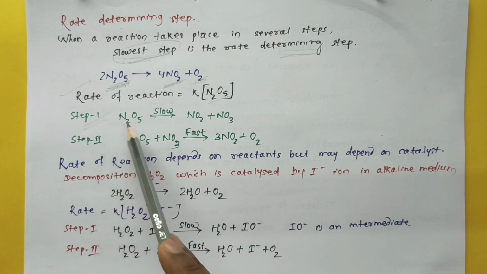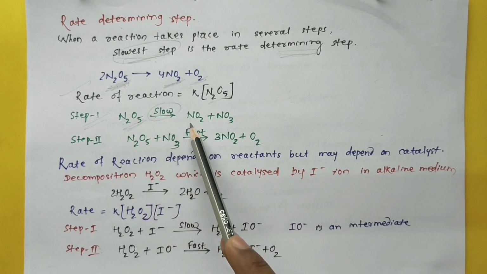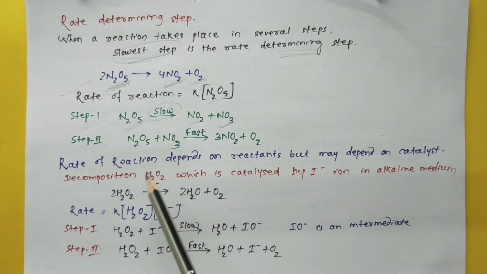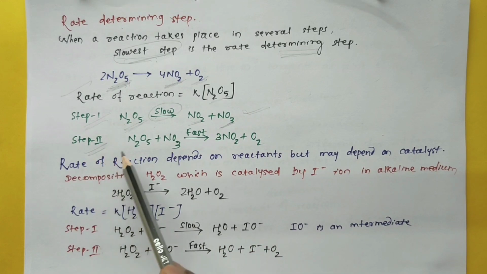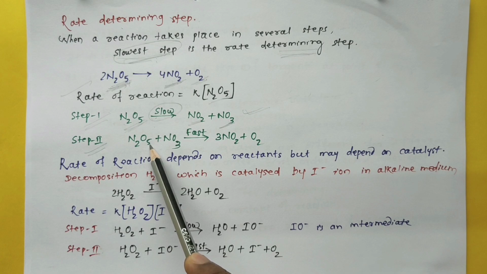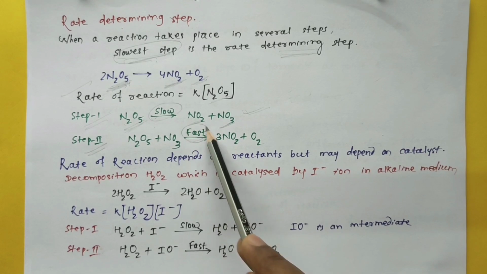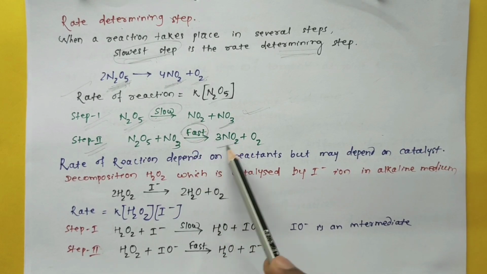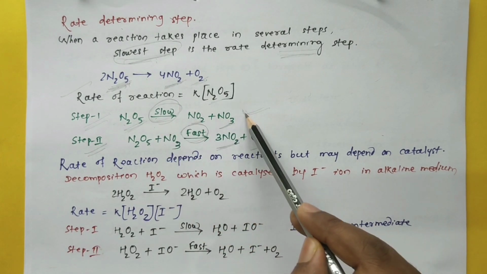In step 1, dinitrogen pentoxide slowly decomposes to form nitrogen dioxide and nitrogen trioxide. This is the slow step. In the second step, dinitrogen pentoxide reacts with nitrogen trioxide, which was formed in the first step. It forms 3 molecules of nitrogen dioxide and 1 molecule of oxygen. So which one will be the rate determining step? Obviously the slow step will be the rate determining step.